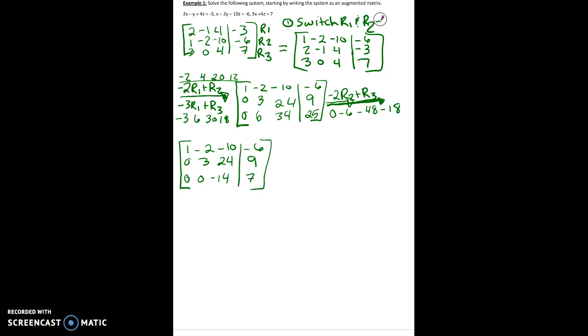Okay. So now, normally this is where we would do that substitution. In matrices, we can go a step further, and it really isn't that difficult.